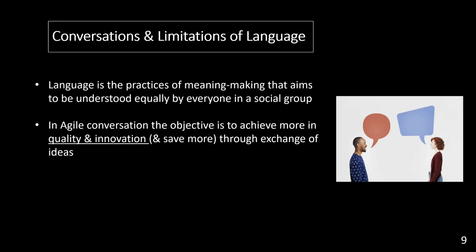But in that conversation, we have a clear objective. We don't want to go all over the place. The more crisp and focused the language gets through conversation as it continues, we achieve more in result.